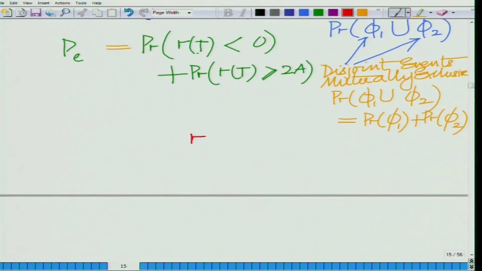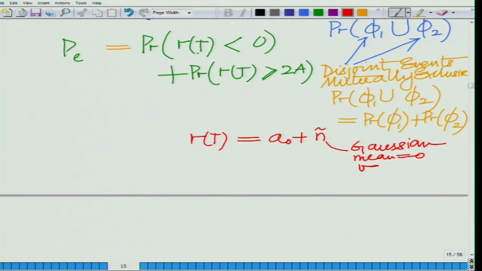Now, what is RT? Remember, we have derived the expression for RT. RT equals A naught plus n tilde, where n tilde is Gaussian, similar to BPSK, with mean equal to 0 and variance equal to N naught by 2.